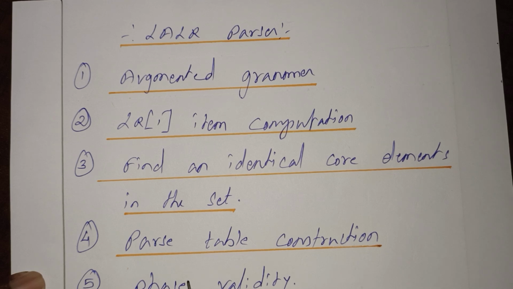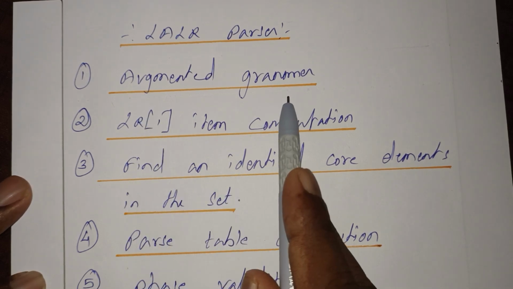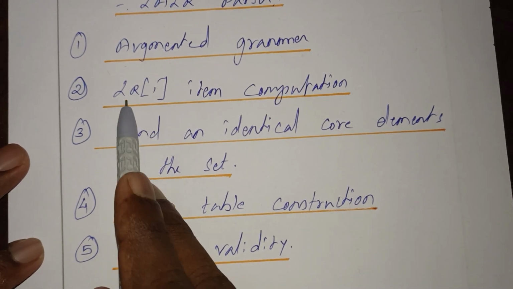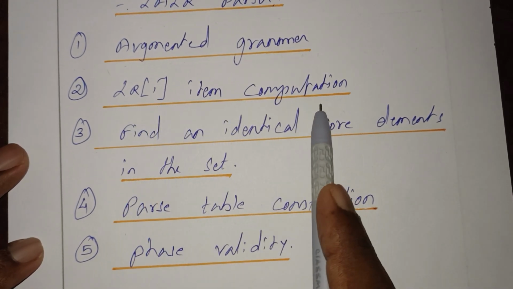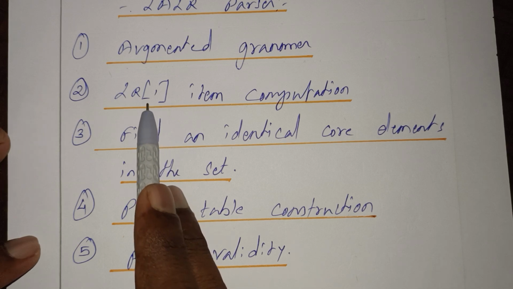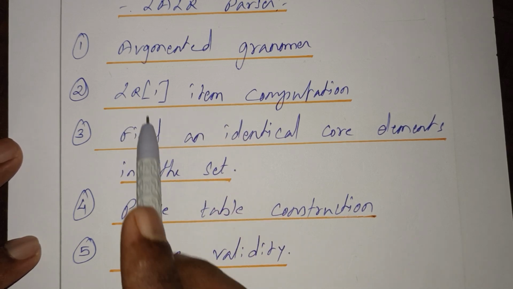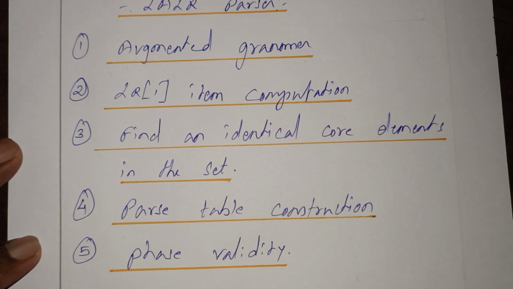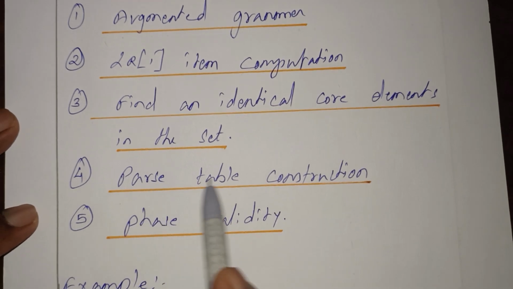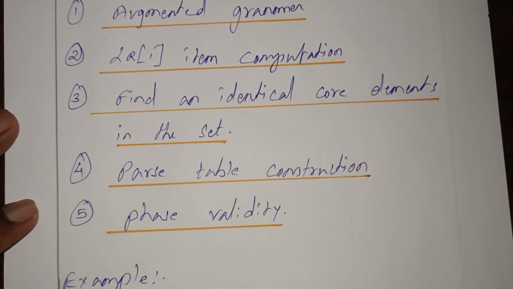It carries 5 steps to complete the parsing technique. Number 1, augmented grammar. Number 2, LR of 1 item computation. Previously in SLR it was LR of 0, but here it is LR of 1. I'll tell you what that 1 stands for. Number 3, find an identical core element in the set. Number 4, parsing table construction. Number 5, phase validity.